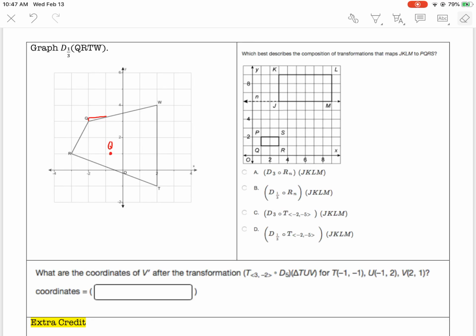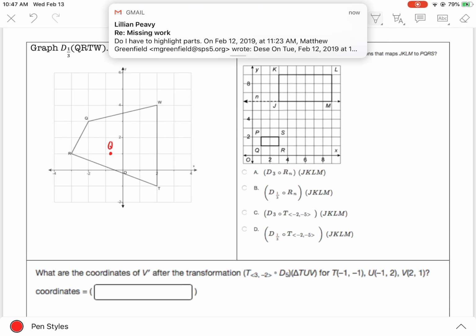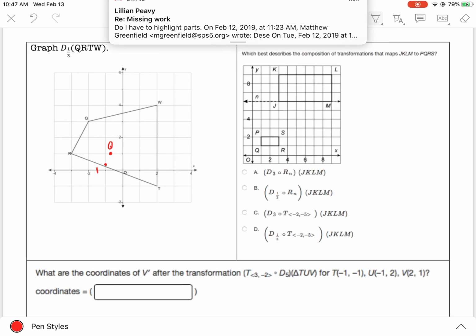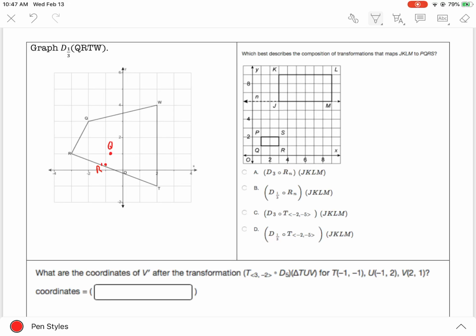Just repeat the process for everything. Up 1 over 3 for R, so up 1/3 over 1. That is R prime. W is up 4 over 2, so it'll be up 4/3 over 2/3, right there.